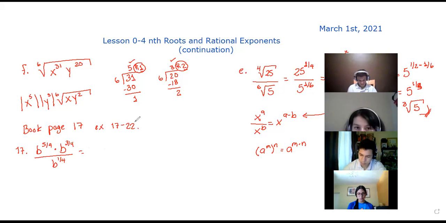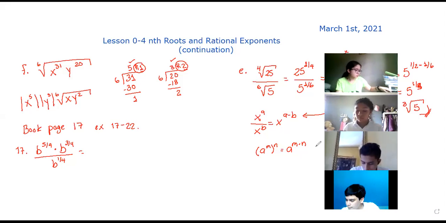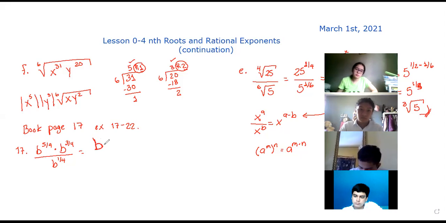If you have the product of two powers that have the same base, what are you going to do? You're going to copy the base and multiply the exponents. No, not multiply, sorry. I copy the base and I add the exponents.